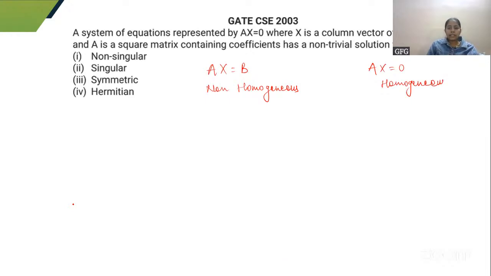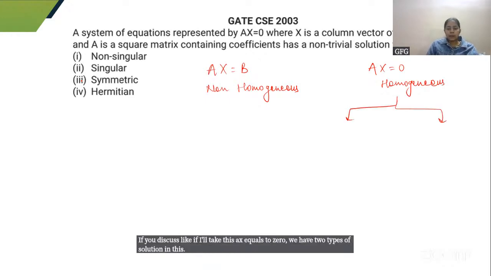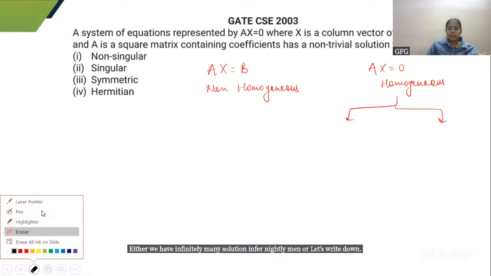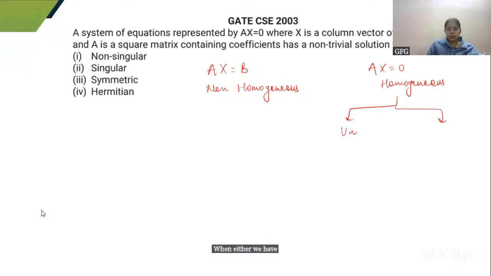If I take this Ax equals 0, we have two types of solution in this: either we have a unique solution, or we have infinitely many solutions.